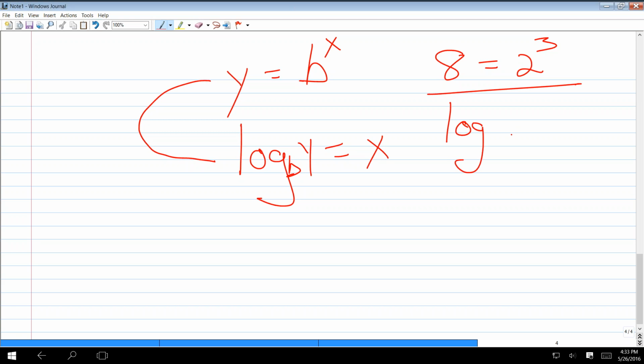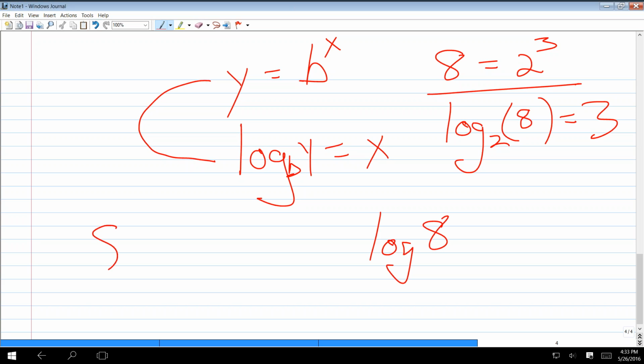Well, when you're verbally talking about logs, say log base something of something equals something. Log base 2 of 8 equals 3.